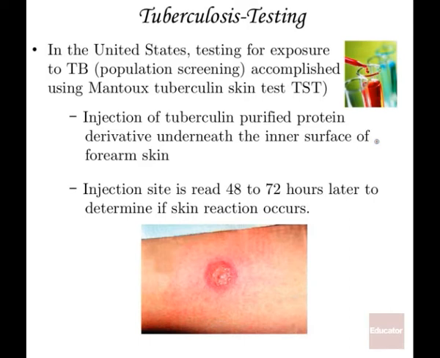And basically, the purified tuberculin protein is injected underneath the inner surface of the forearm skin here, and 48 to 72 hours later, that area is read to determine whether or not a skin reaction has occurred. And this is a picture here of what a positive skin reaction looks like.